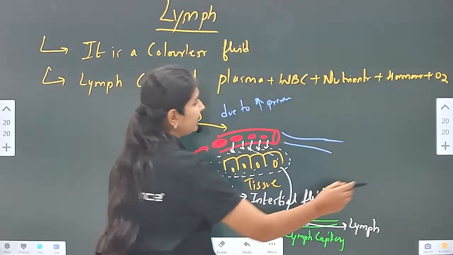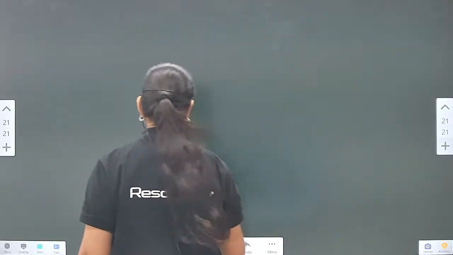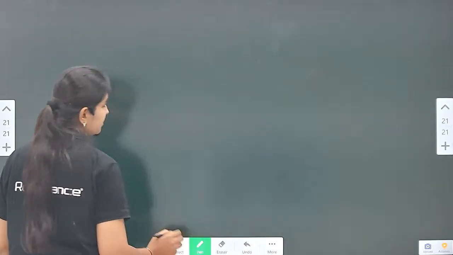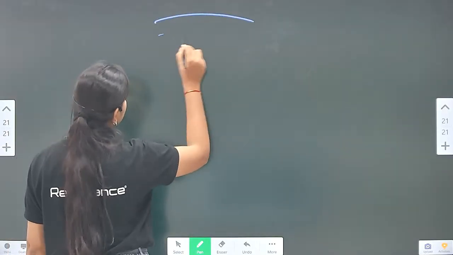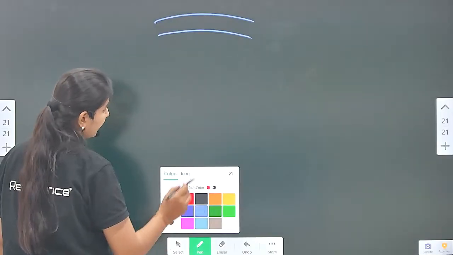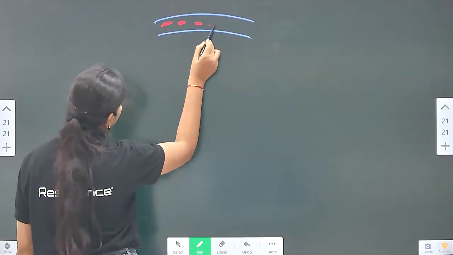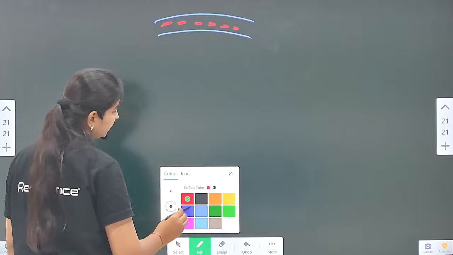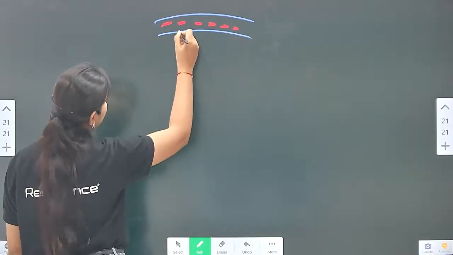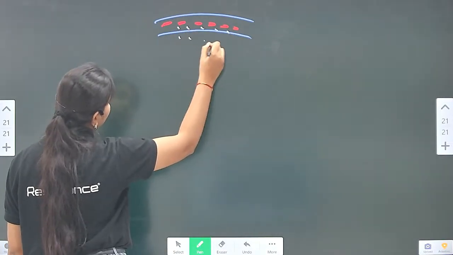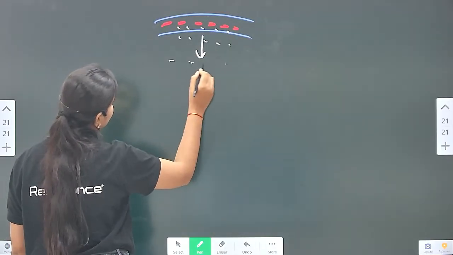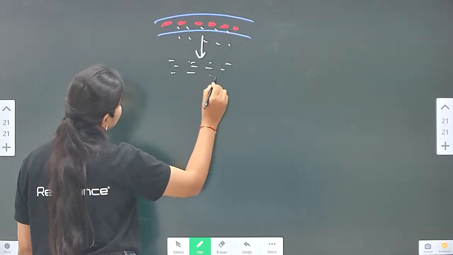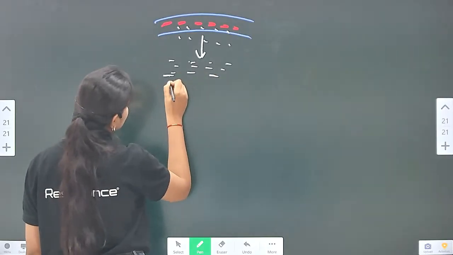Now let us quickly go through the flow chart, how exactly it happens. Now this is a blood vessel, right? So you have the blood which is flowing in. Here due to the pressure, some of the liquid part flows out. This fluid is called the interstitial fluid.